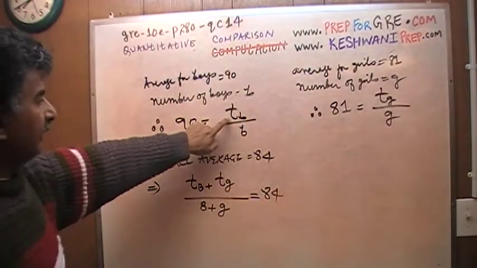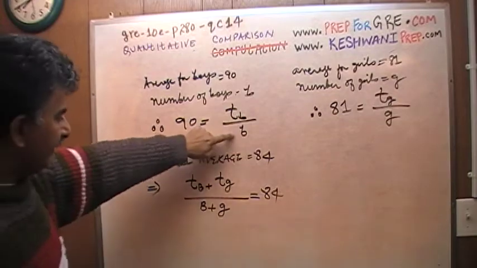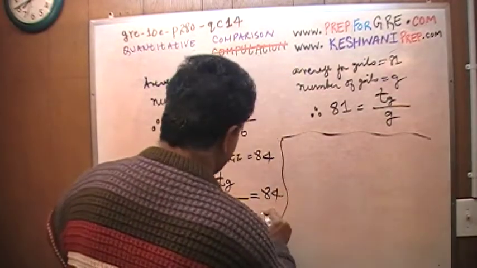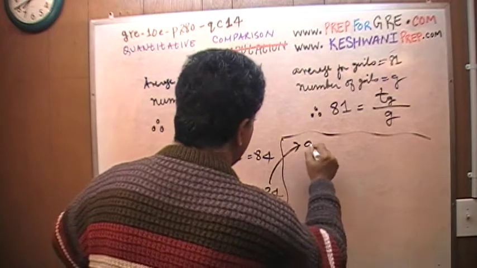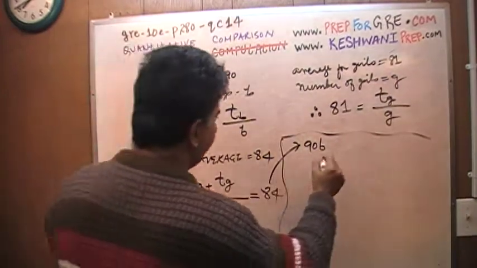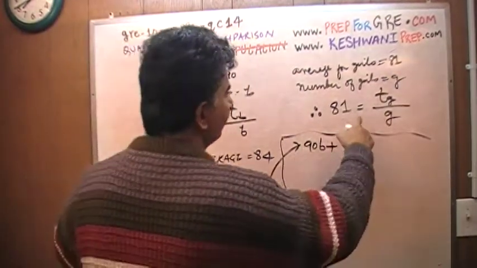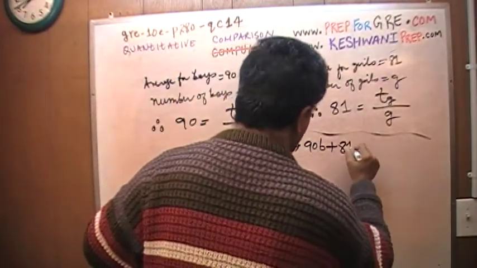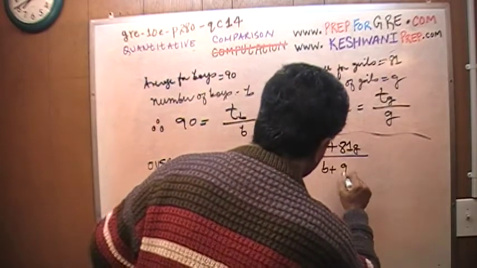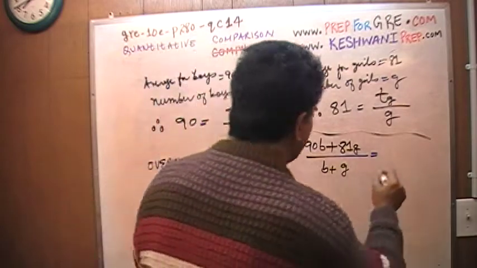From this equation here, I know the total for the boys has to equal 90 times B, so I'm going to put 90 times B here, plus the total for girls, which is 81 times G, over B plus G, equals 84.